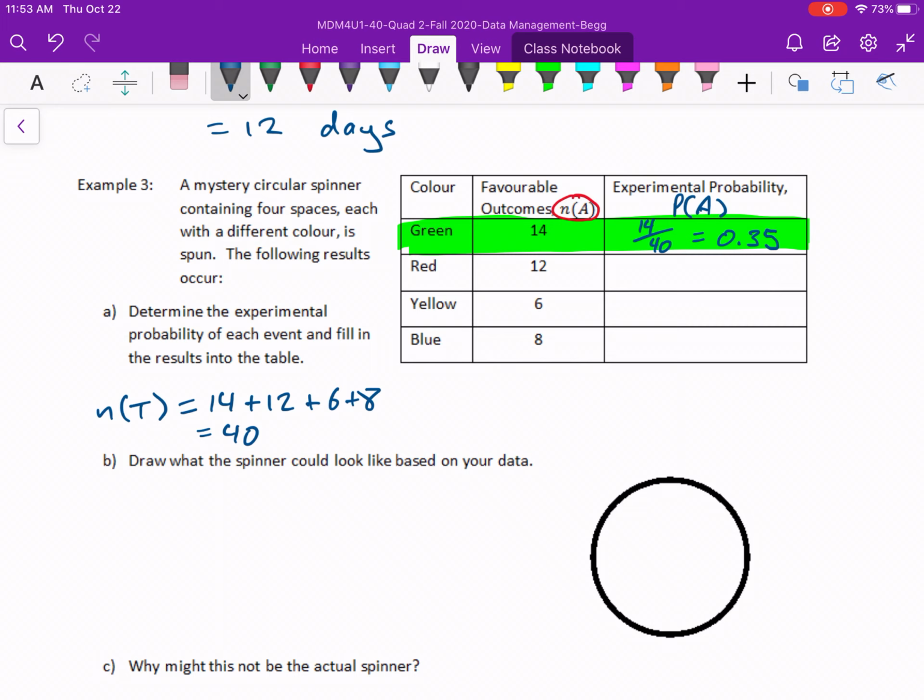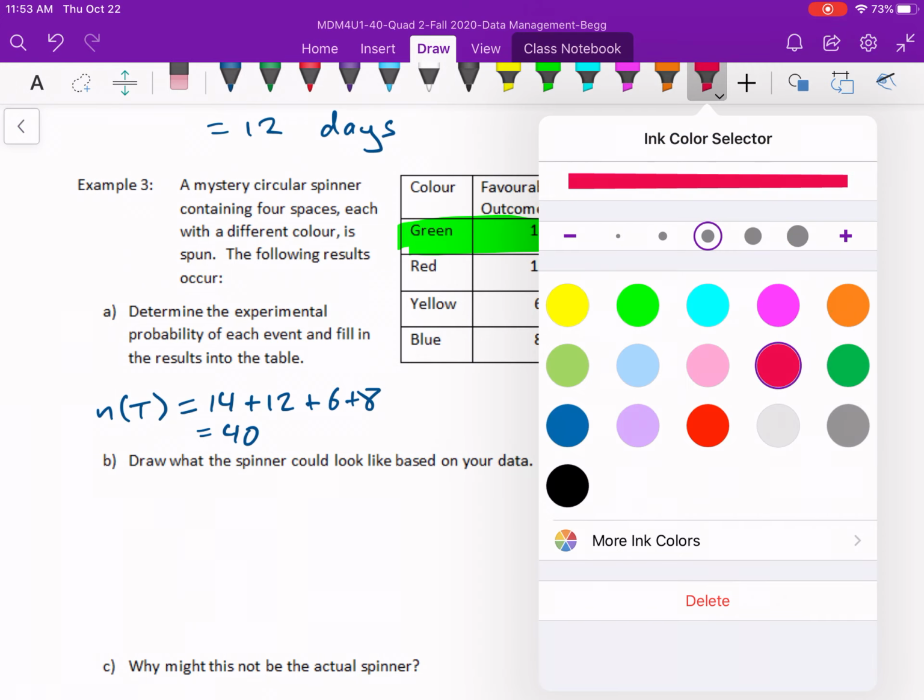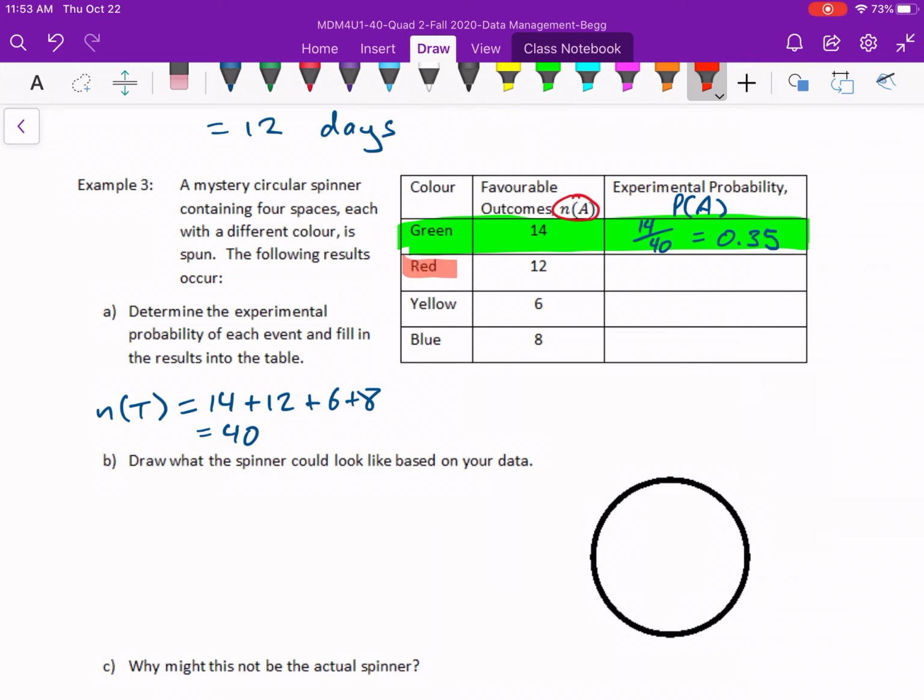And red, I don't have a red. Let's see, get a red highlighter so I can do that. All right, red, that's going to be 12 over 40, which is going to reduce to 3 over 10, or 0.3. Yellow is 6 over 40.